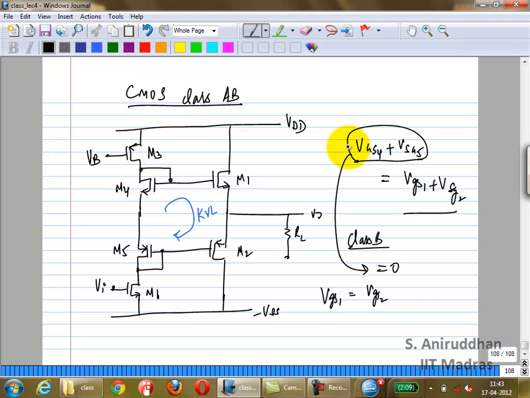Now what happens if this is constant, if there's some constant greater than 0? Very easy. We'll assume certain things. We'll assume that the VTs of these two are equal. The VTs of these two are equal. W by Ls can be different because that's how you bias the output stage. Output stage has to deliver a lot of power, so it can be much larger. But M4 and M5 can be smaller.